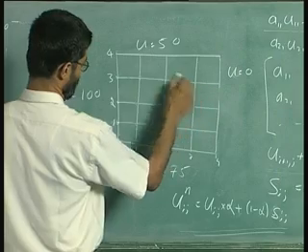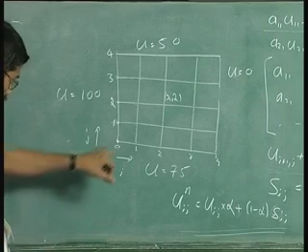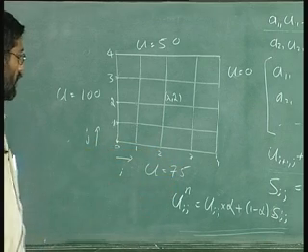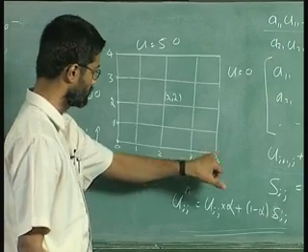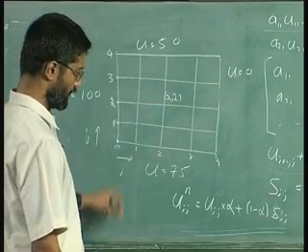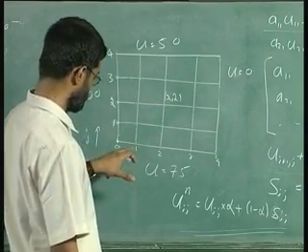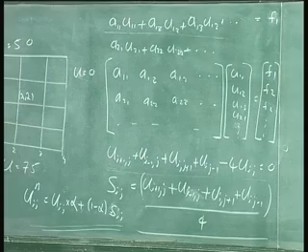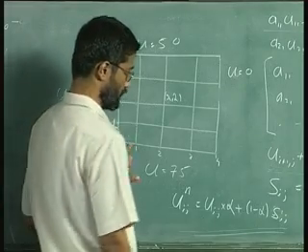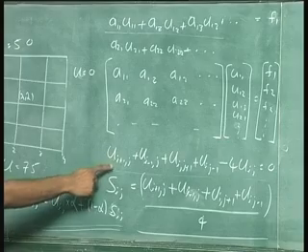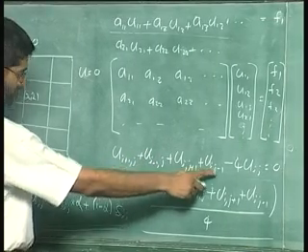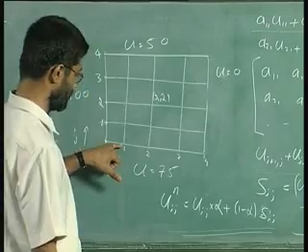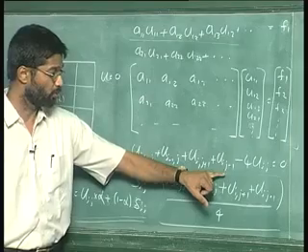Now if the value at the boundary is not given to you, then you have to also solve for the u values at the boundary. If you want to write this equation at the boundary here, you will have a problem with terms like uj minus 1, because j is 0 here, so j minus 1 will be u minus 1.